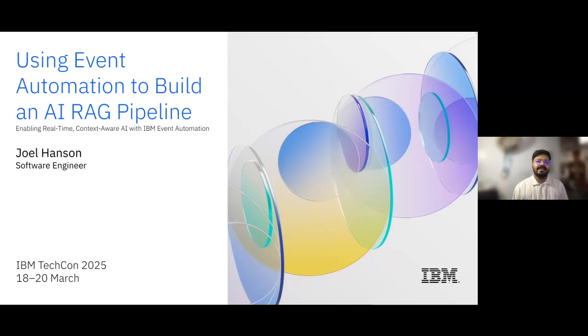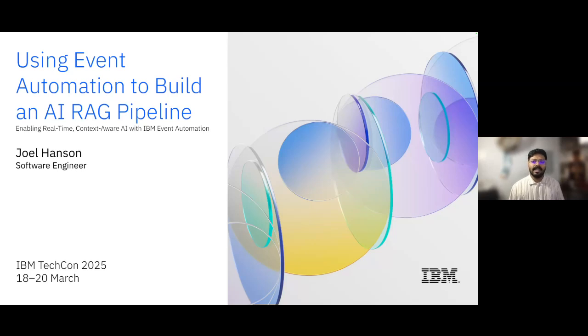With the rise of large language models, the need for real-time contextual data and trustworthy data has become crucial. That's where event streaming and automation come into play. Throughout this talk, I will cover how we can use event automation to build real-time RAG applications, making AI more accurate and dynamic.